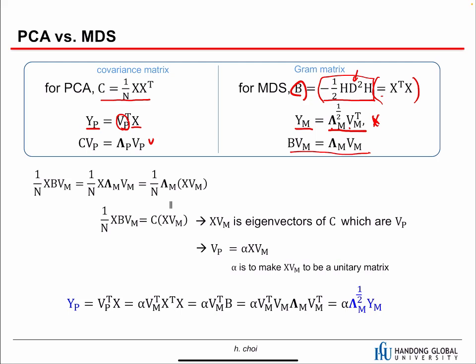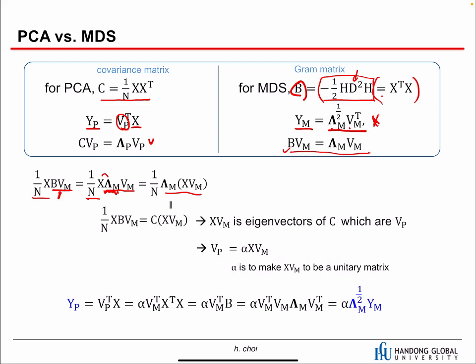Then I want to see the connection between these two projections. From here, B times v_m is lambda_m v_m, and we multiply by X here. Then look at this one. This is a diagonal matrix, so we can change the order. Then we get this one.